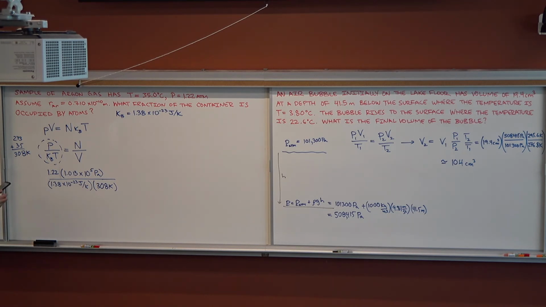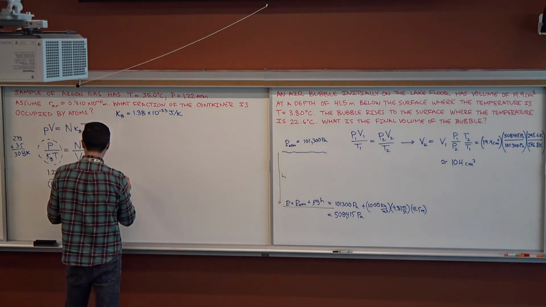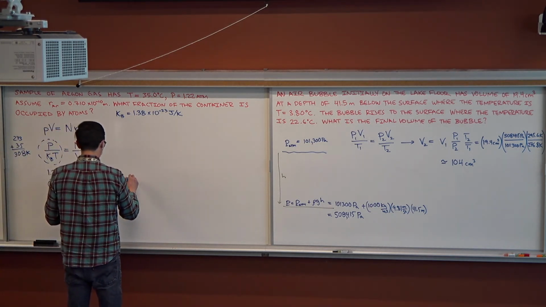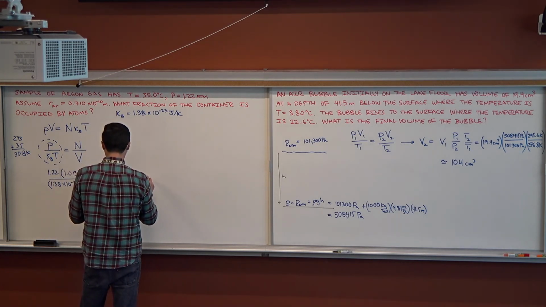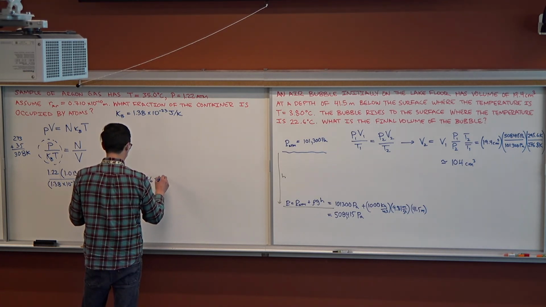So let's see if I can do this. So I'm getting 2.9. I'm going to keep extra decimals here just in the intermediate steps.